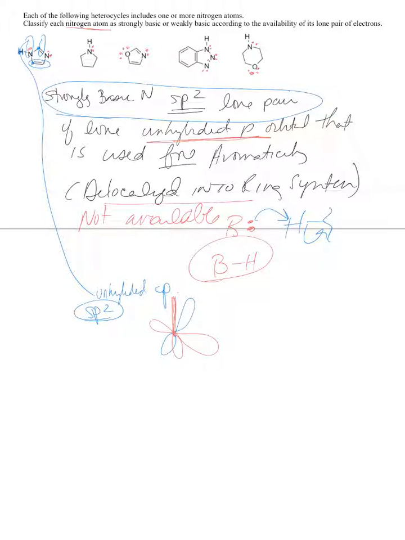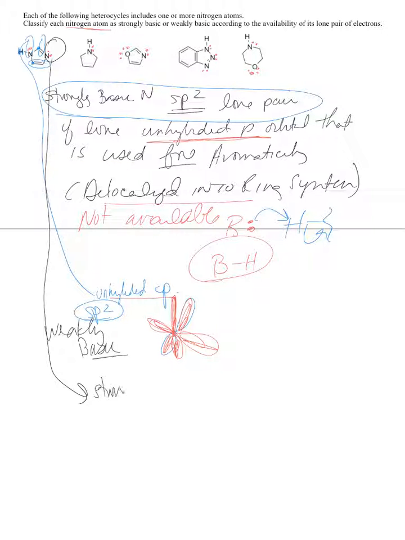So in an sp2 system, you have 3 things that can bond. And so those lone pairs have to be in an unhybridized p. And that means they're going to be classified as weakly basic. Now, however, these electrons are not needed, and that's going to be strongly basic.